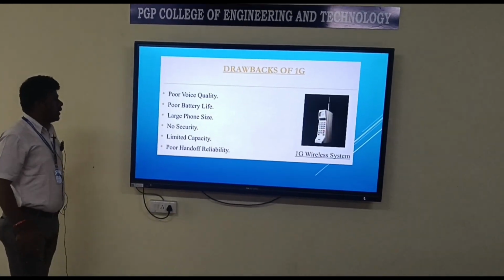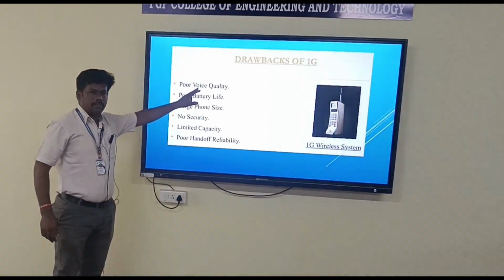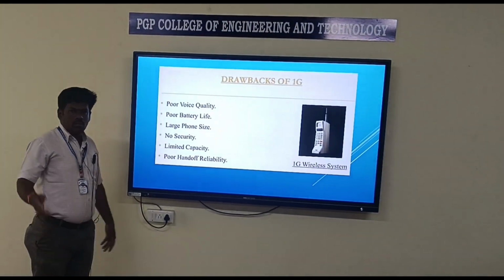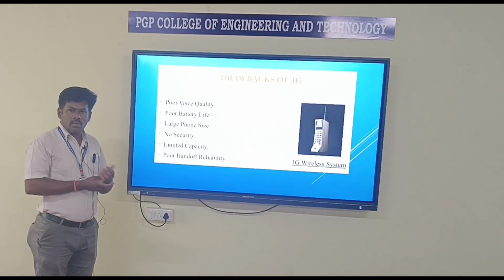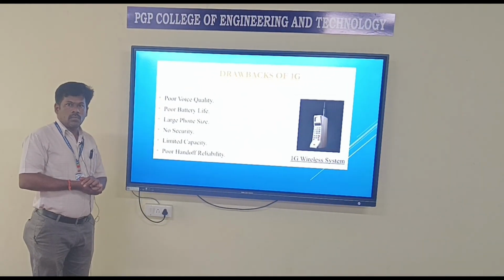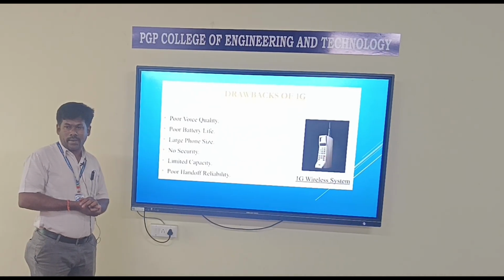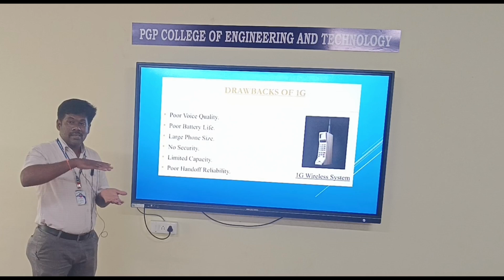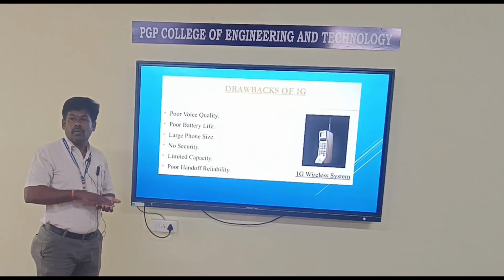of 1G. As I already told, poor voice quality, poor battery life and large phone size. Once upon a time, when India introduced mobile services in 1995 in Delhi, they used big portable devices for communicating.